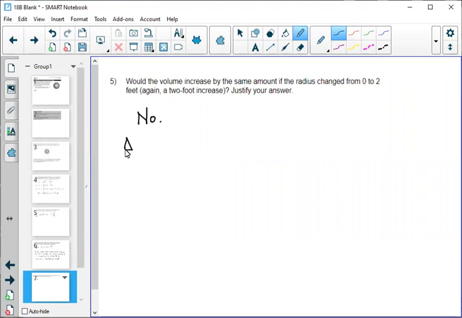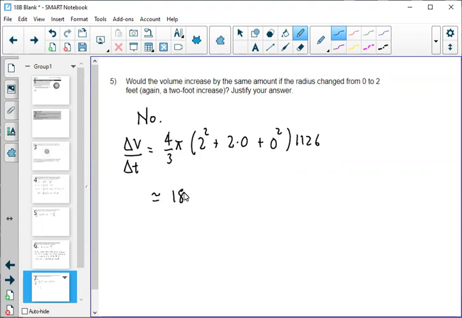And we could write delta V over delta T is equal to 4/3 pi times 2 squared plus 2 times 0 plus 0 squared times 1126. And this is going to be approximately 18,866.3 cubic feet per second.